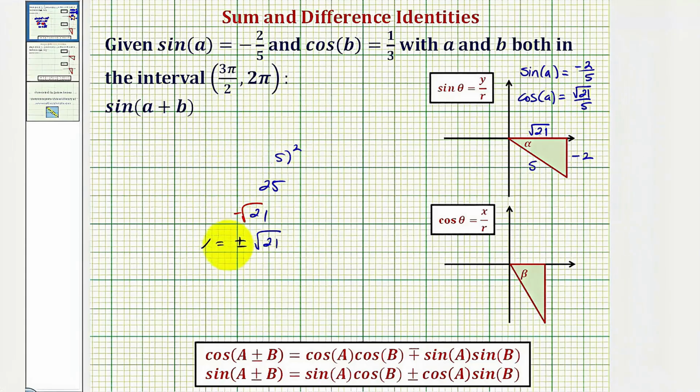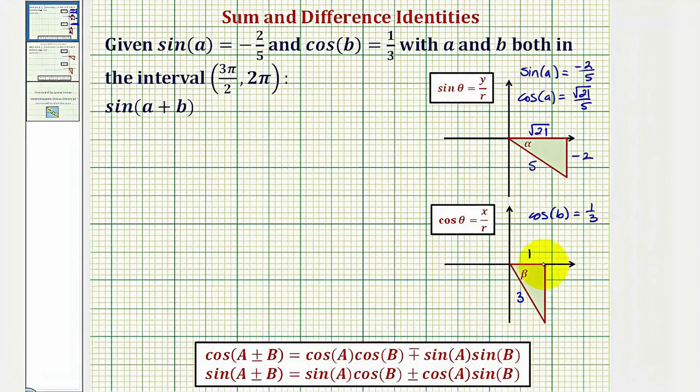And now we'll construct the reference triangle for angle B. We know that cosine B equals 1/3, and cosine theta is equal to x divided by r, or the ratio of the adjacent side to the hypotenuse. So we would label this leg of the reference triangle 1, and r, the hypotenuse, 3.